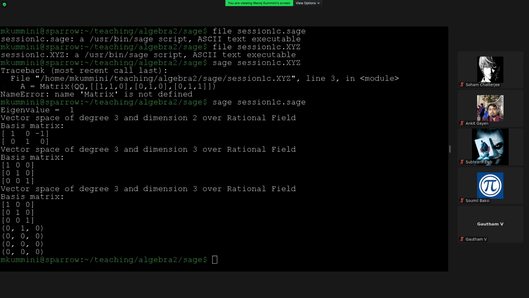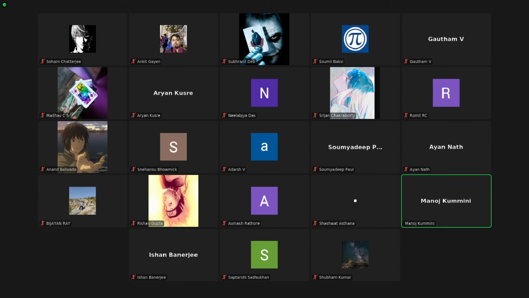But the online manual is extensive, and so is the help forum. It's actually very helpful. If there are no other questions, I'll stop here. I'll add some more comments and upload the files to Moodle.